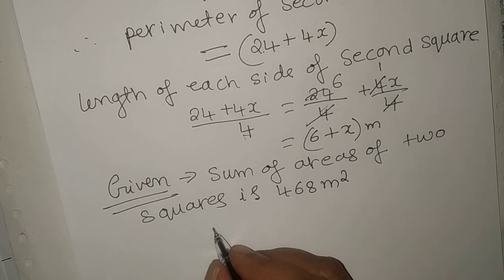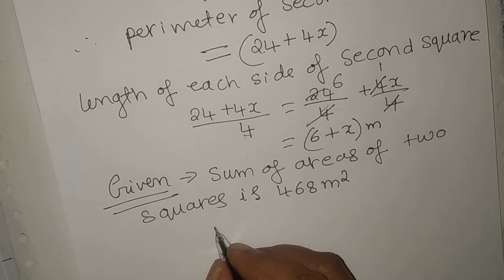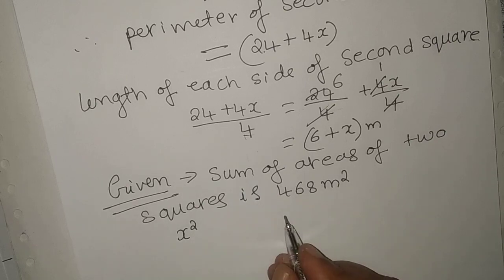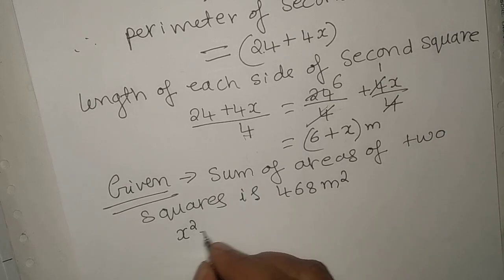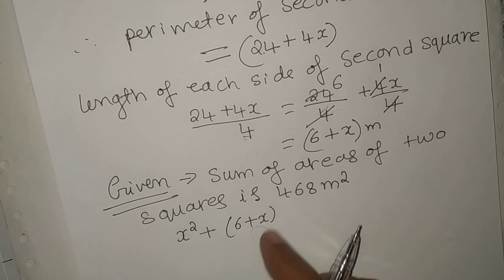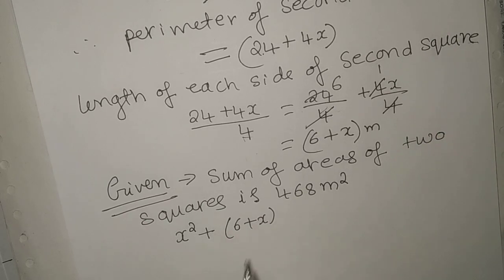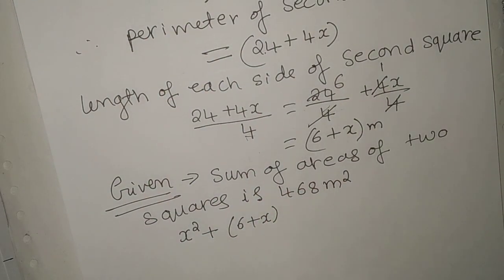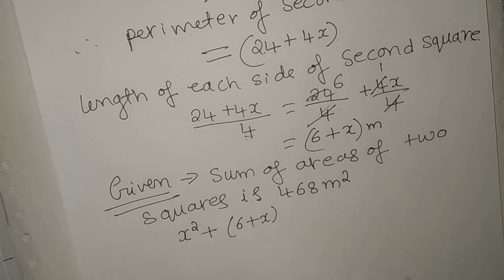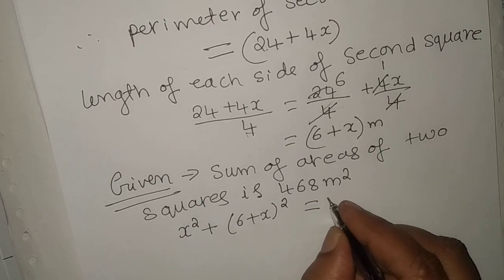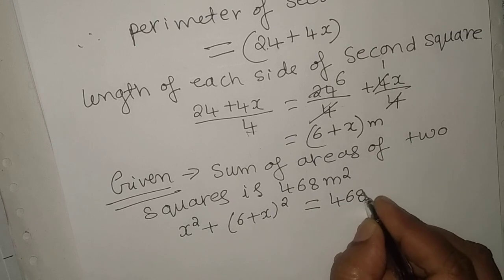So what is the conclusion? x square, that is the first side, plus 6 plus x square, the length of each side of the second square, is equal to 468.